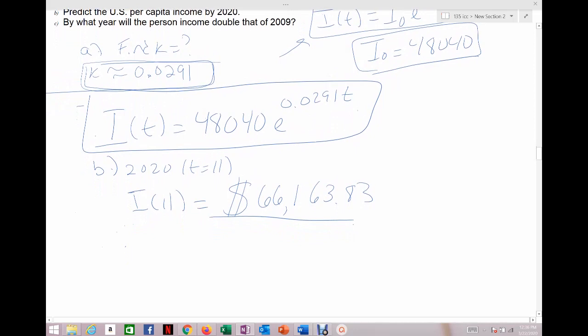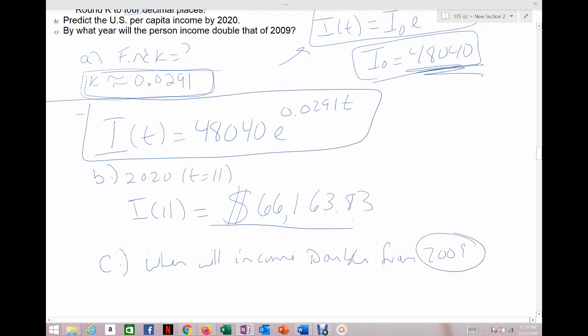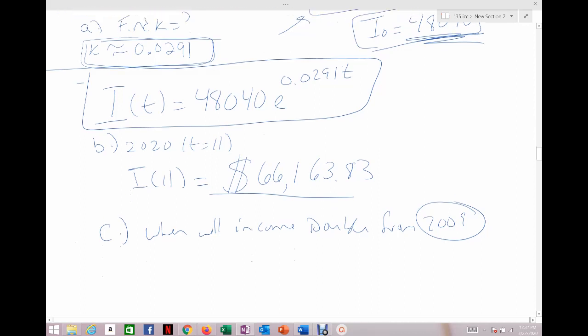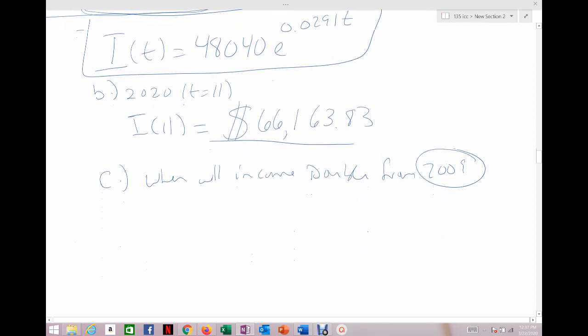Alright, the last question, part C, is: when will the income double, from our starting year, 2009? So after 2009, when will we have twice this 48,000? Again, there are 2 ways you can do that.